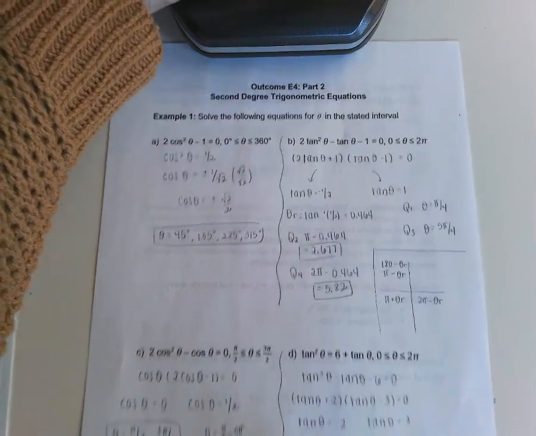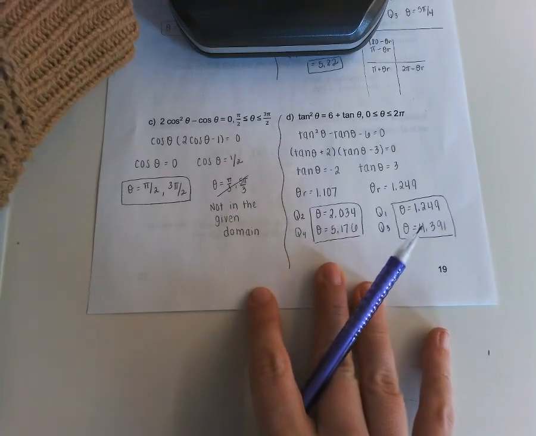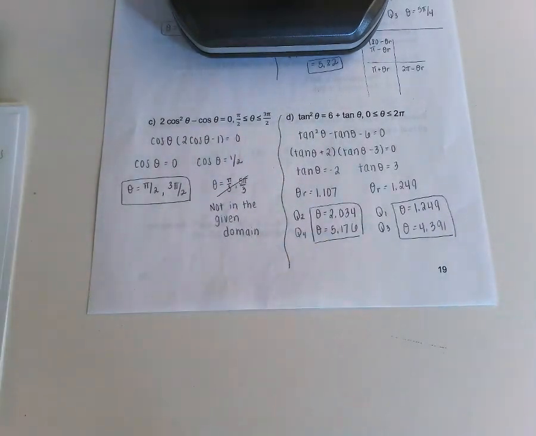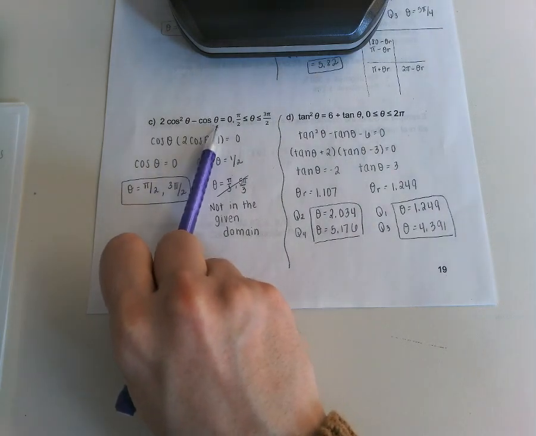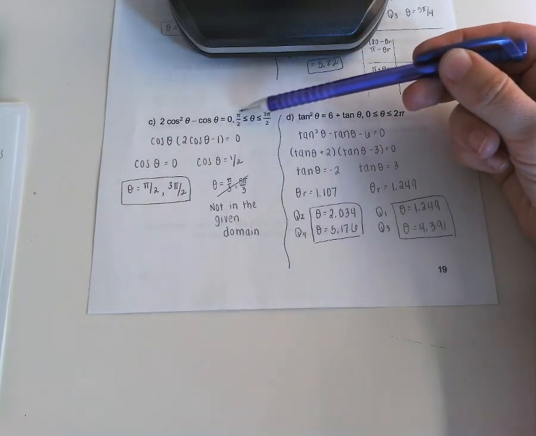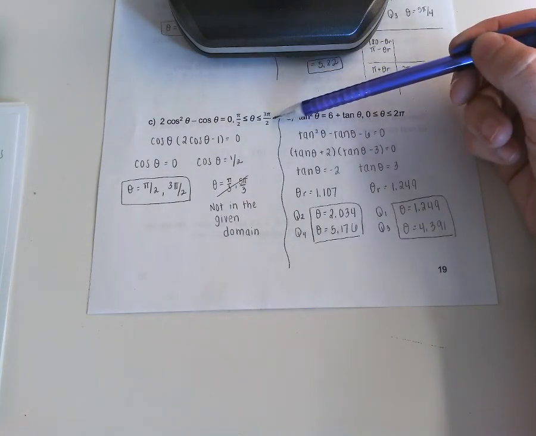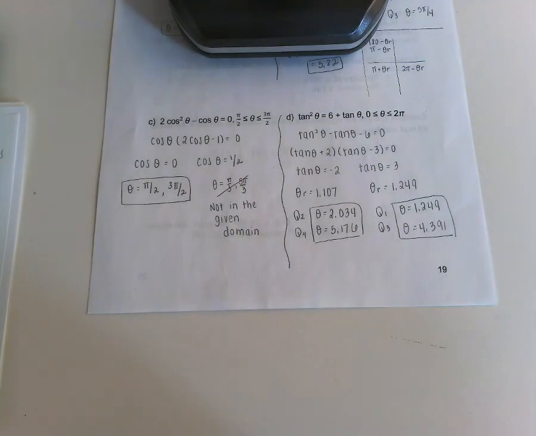If we look at question C, we've got 2 cosine squared theta minus cosine theta equals 0. And this is only looking for answers between pi by 2 and 3 pi by 2. So we're only looking for answers on the left-hand side of our unit circle.